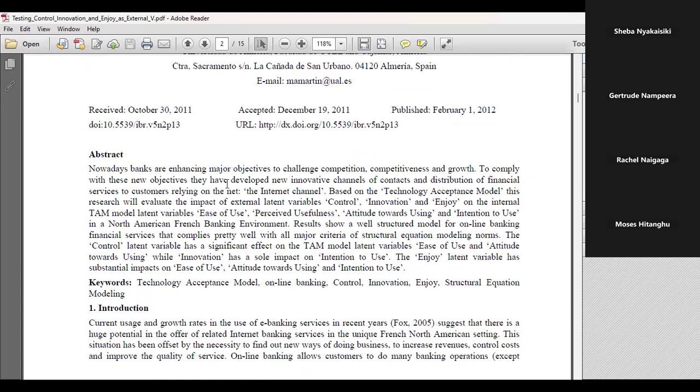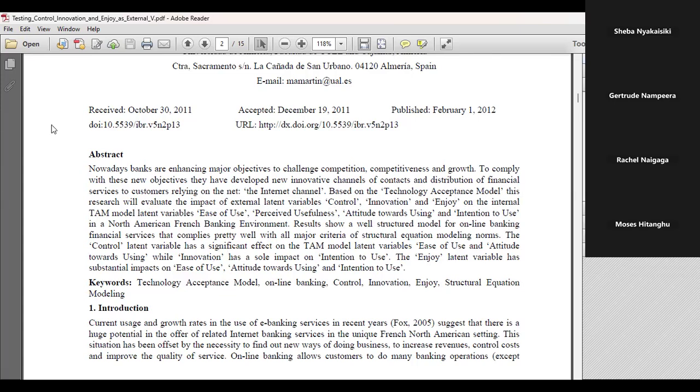To comply with these new objectives, they have developed new innovations, channels of contact and contracts and distribution of financial services on the net. Based on the TAM model, this research will evaluate the impact of external latent variables, control, innovation, and enjoy on the internal TAM latent variables, ease of use, perceived usefulness, and so on and so forth. Results show a well-structured model for online banking.